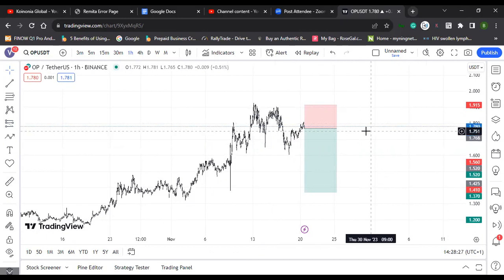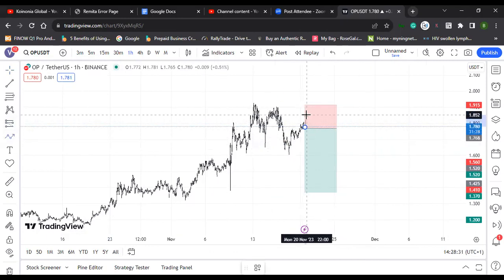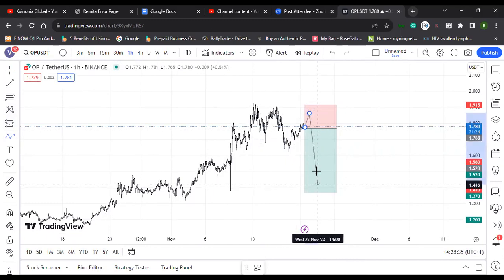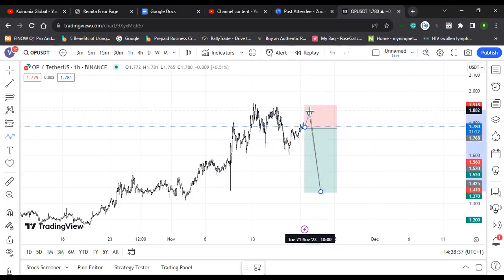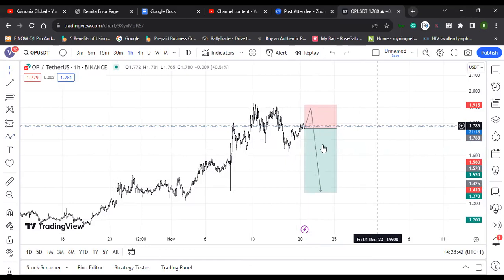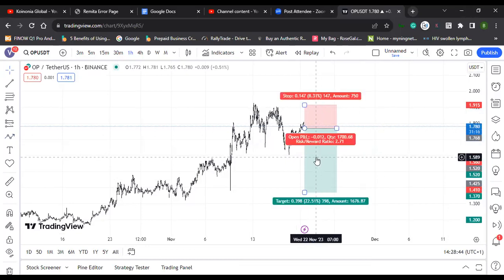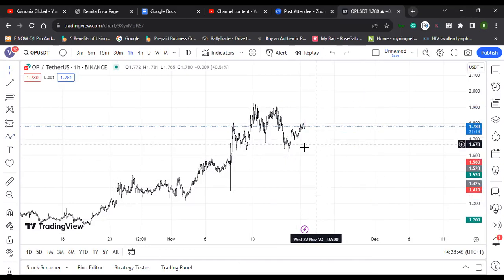So even if price gets to this point and starts selling off, still not bad. Even if price decides to create a triple top, it's still not bad, right? So I am bearish on OPUSDT. Yes, I'm bearish on OPUSDT actually.